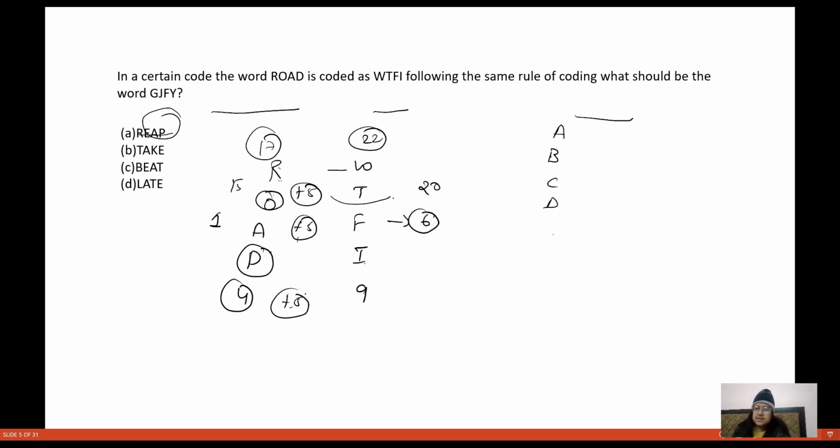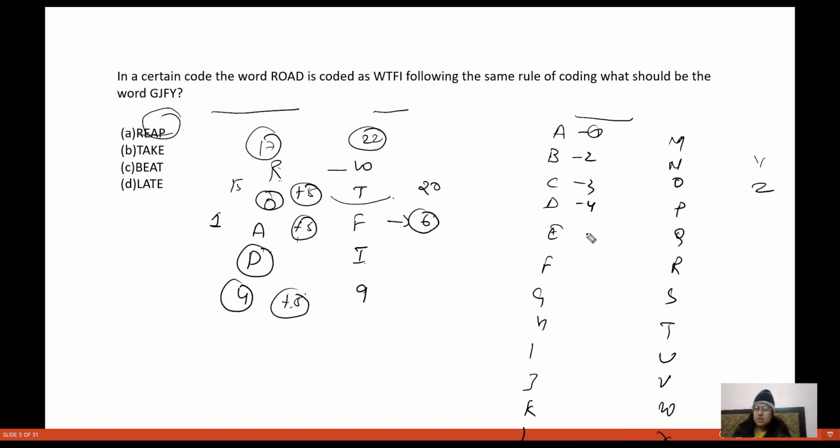So we have A, B, C, D. I know this is boring, but this is how we do these kinds of questions. L, M, N, O, P, Q, R, S, T, U, V, W, X, Y, Z. So this is 1, 2, 3, 4, 5, 6, 7, 8, 9, 10, 11, 12, 13, 14, 15, 16, 17, 18.